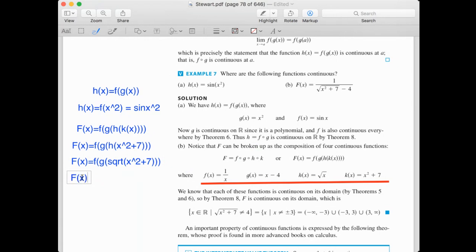So f of x equals f of g. Now g takes the square root of x squared plus 7 as input, but how is g defined? G is defined as: give me the input, I'm going to subtract 4. So g takes the square root of x squared plus 7, then minus 4.